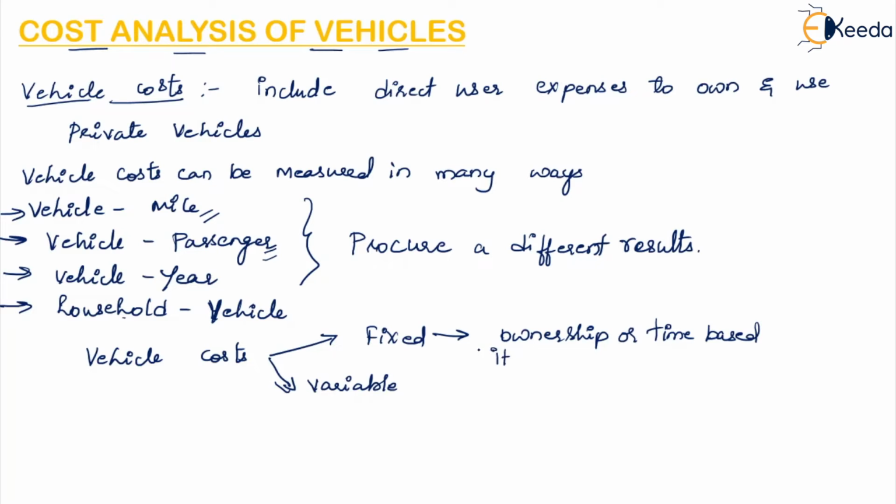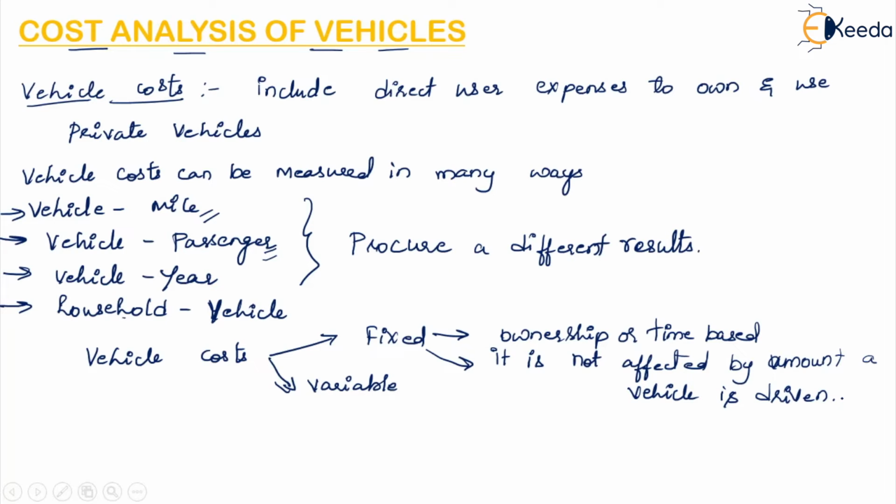So it is not affected by the amount a vehicle is driven. So it is kind of a fixed cost. Then now the variable cost. It is also called as the operating, marginal or incremental cost.